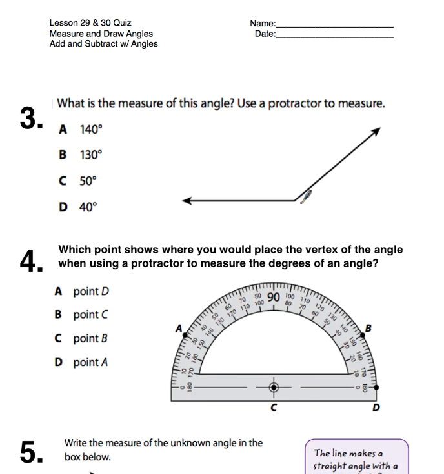Now, line up the vertex of your angle with that little circle in the bottom middle of your protractor. This ray, to use my proper vocabulary, better be pointing at your 0.